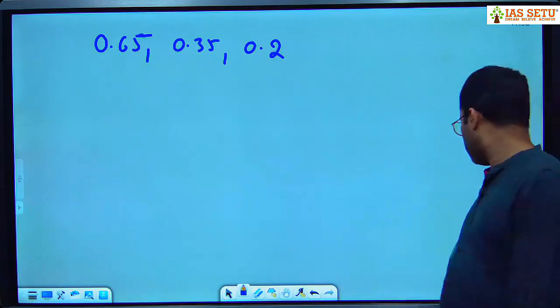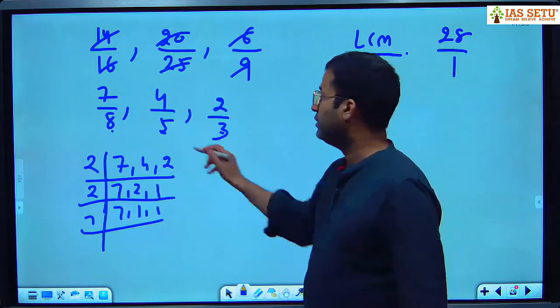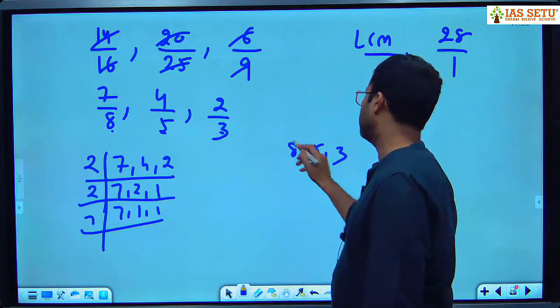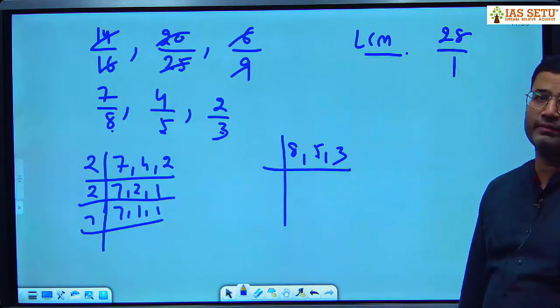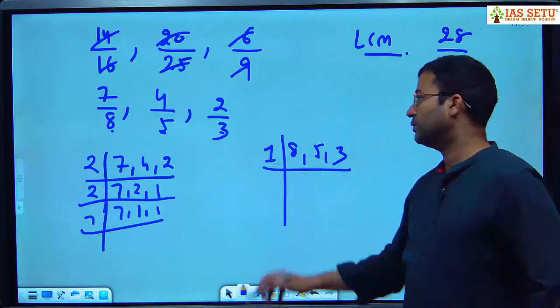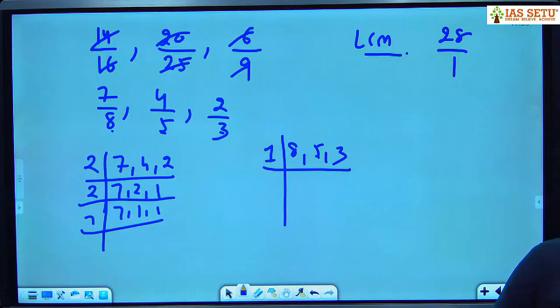HCF का नहीं समझ में आया, फिर आपने बेसिक किया ही नहीं. 3, 8, 5, 3. 5 और 3 में क्या कॉमन है? It should be common from all the numbers. Nothing is common, so 1. HCF is, it should be common from all the numbers, otherwise 1. So HCF of denominator here is 1.